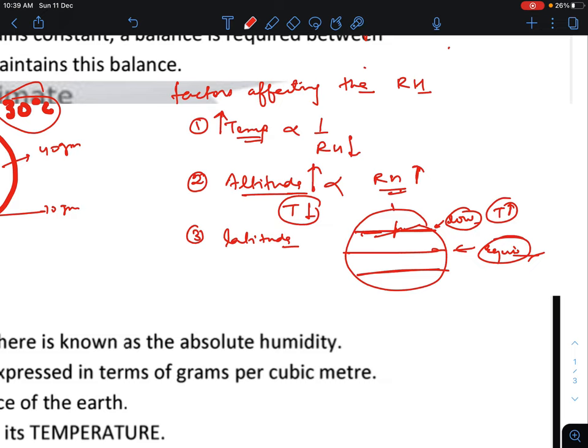So from here to here, if the temperature decreases, then the relative humidity is going to increase. In the same way, just the opposite: if you go from this latitude to the equatorial region, the temperature is less, which means relative humidity will be more. Okay.